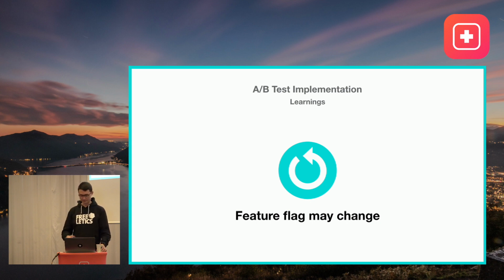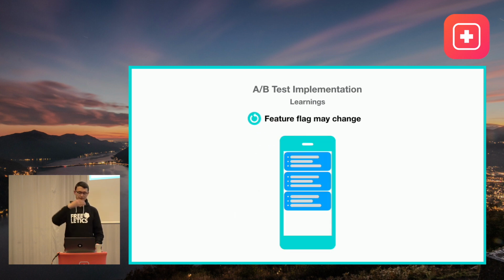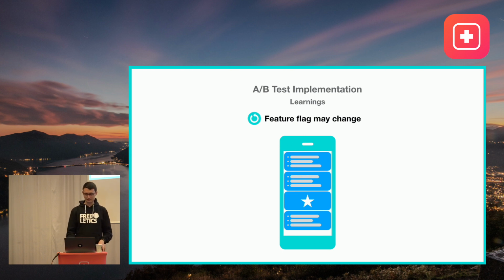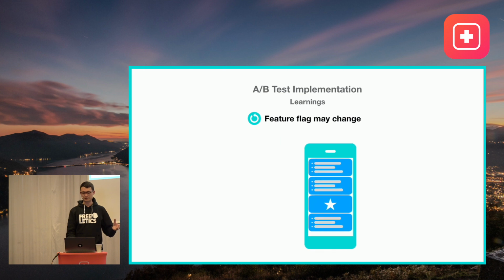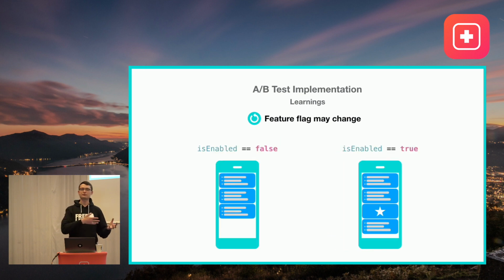And what happened one day is that we had a screen with 3 items. As a feature, we wanted to introduce a promoting cell in the middle of the list, and we would like to A/B test that. If the feature is disabled, it would have 3 elements; if enabled, 4 elements.